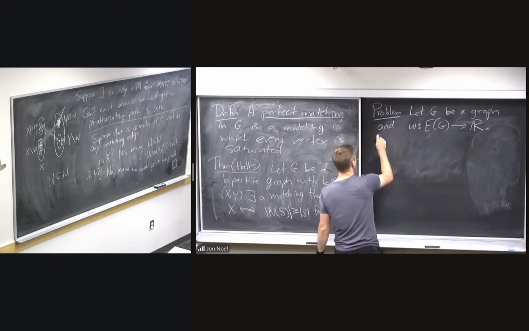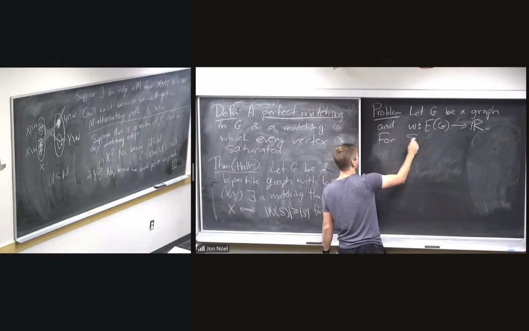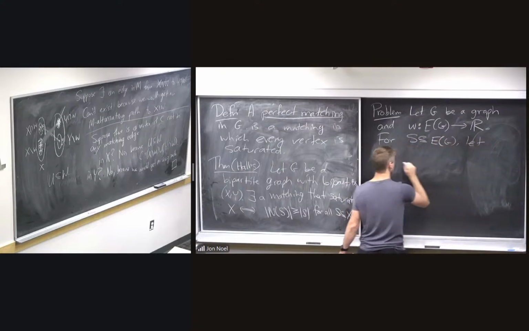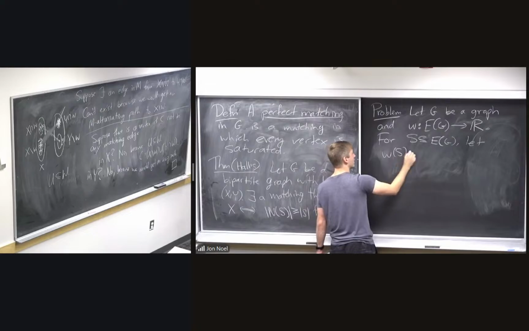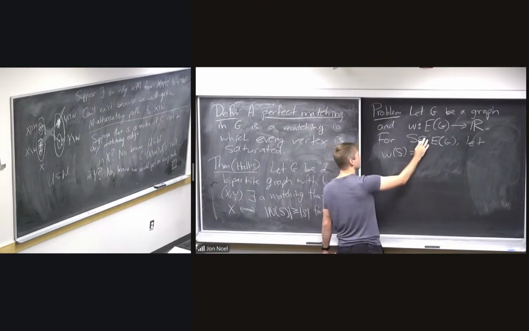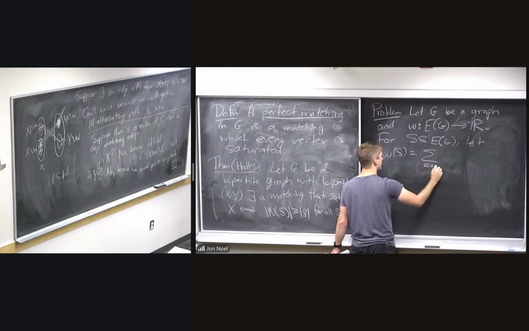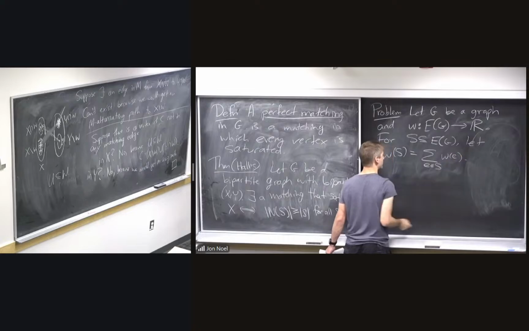If we have a subset of the edges, the weight of that set is just the sum of the weights of the edges in it. So it's a linear weight function.